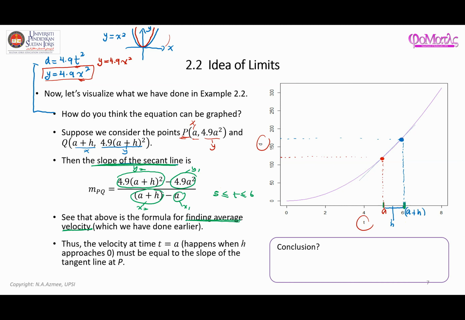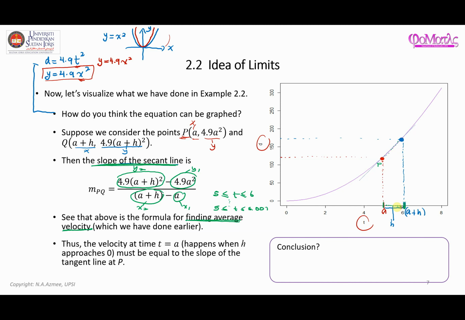And then the interval gets closer and closer to maybe t between 5 and 5.001. So basically from 6 it is moving closer and closer towards 5. In other words, when you are moving this closer and closer to 5, you are actually moving this point here closer and closer to this fixed point. So this is P.